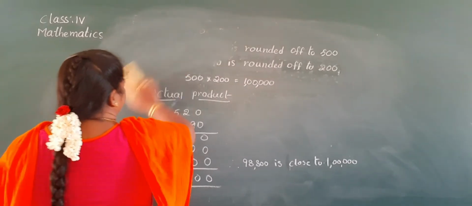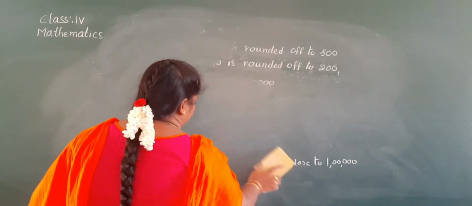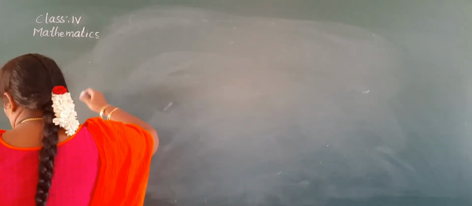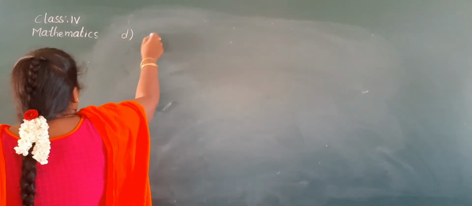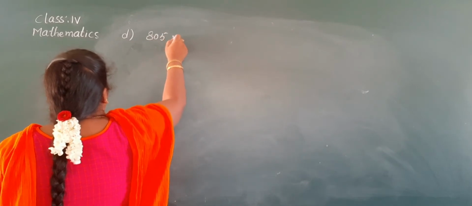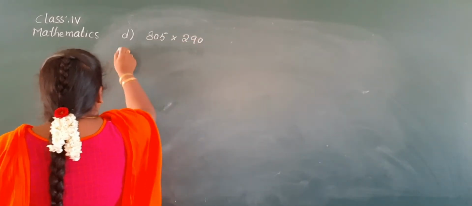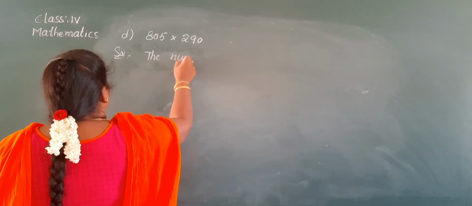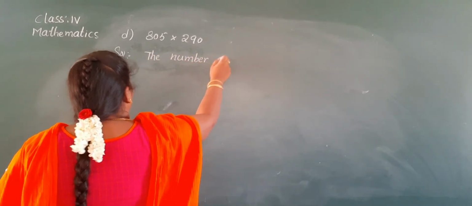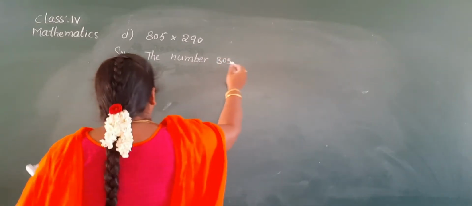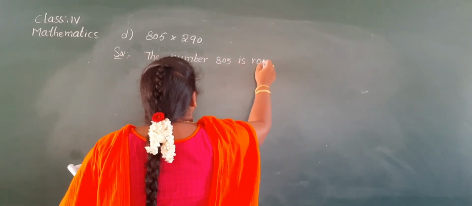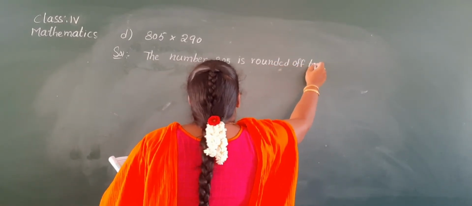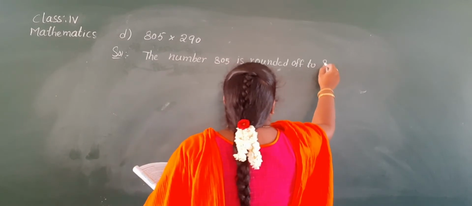Note down D. So the number 805 is rounded off to 800.